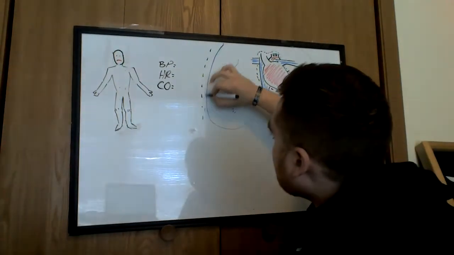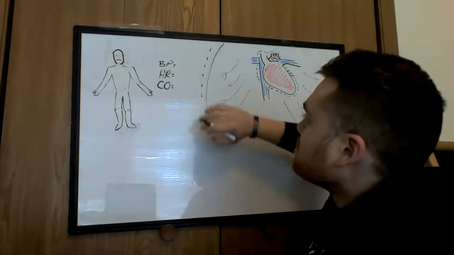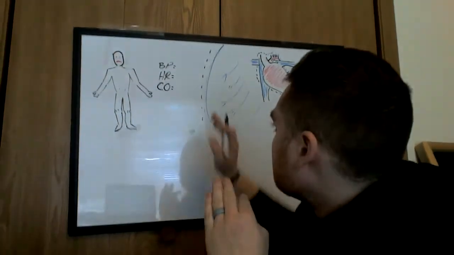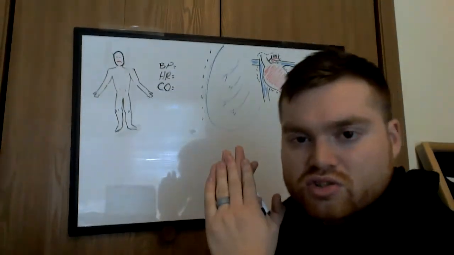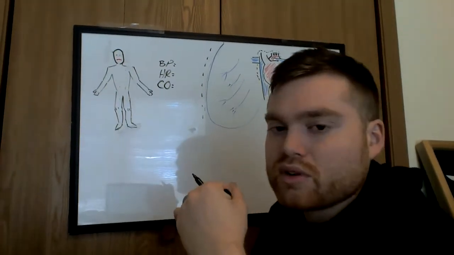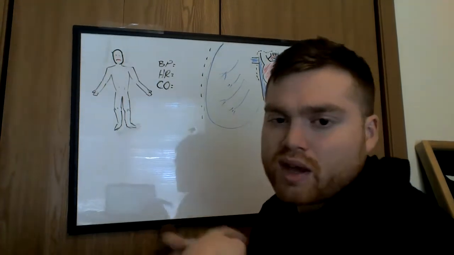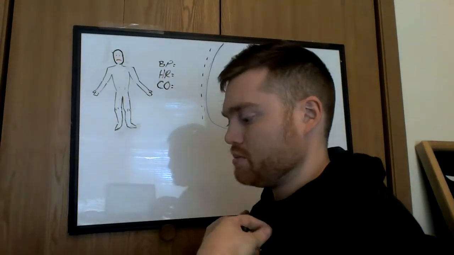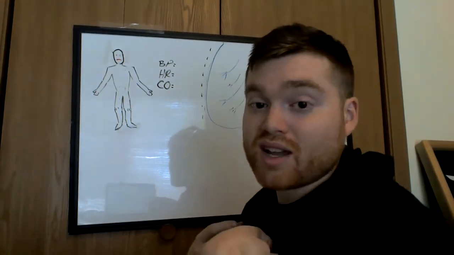Typically there's air that flows in between these, or not necessarily airflow, but it's enough to keep your lungs compressed to your chest wall so it doesn't collapse. It helps it expand, and that's why your chest rises when you breathe in, because there shouldn't be any extra air in there.